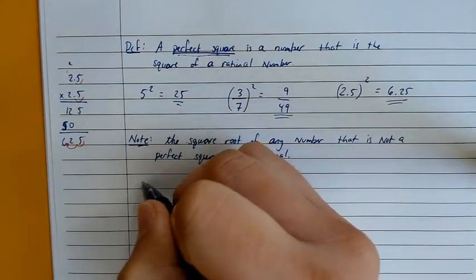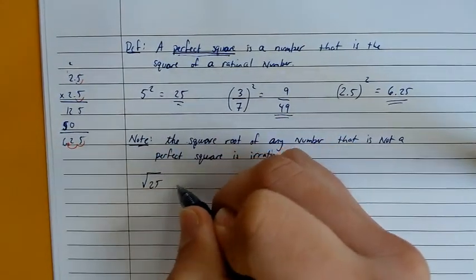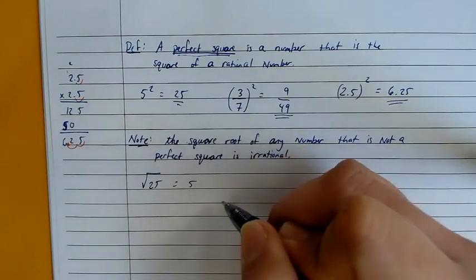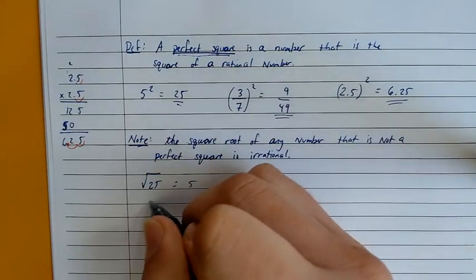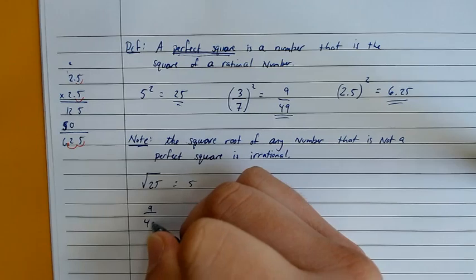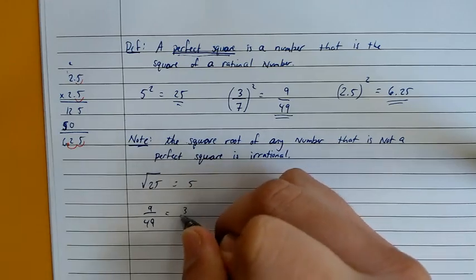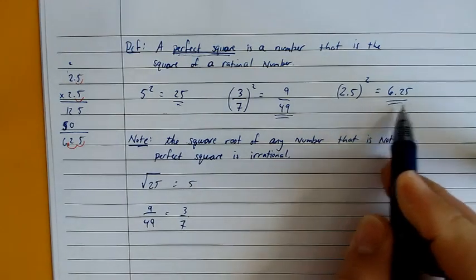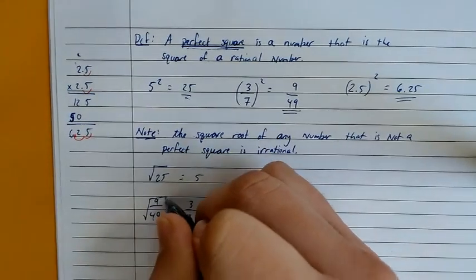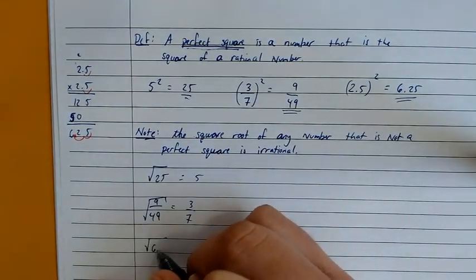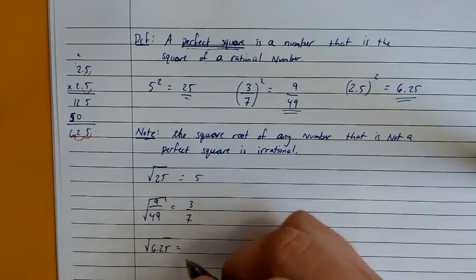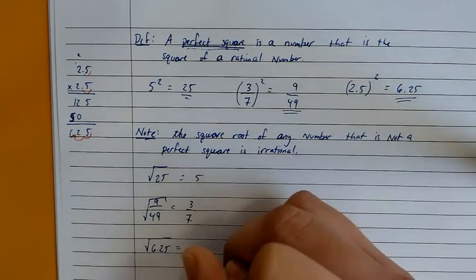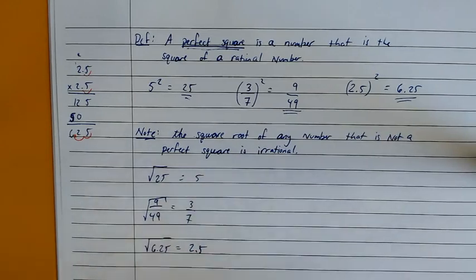So if I take the square root of 25, then I get the number 5. If I take the square root of 9 over 49, I get 3 over 7. And if I take the square root of 6.25, 6 and 25 hundredths, then I get 2.5. I get 2 and 5 tenths.